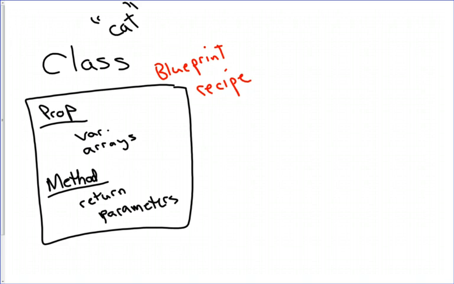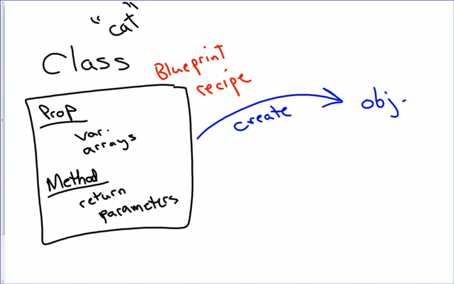Similarly, let's say you wanted to have your own house. You could find blueprints for making a house. You don't have a house yet, but you have the instructions. So a class is the blueprints or the recipe for building what it is you want to build. You will eventually use the class to create an object.